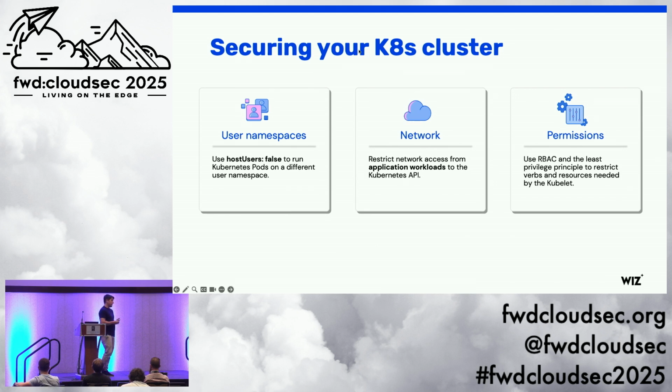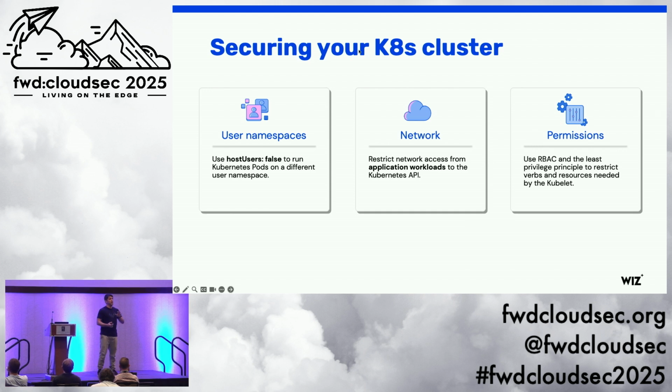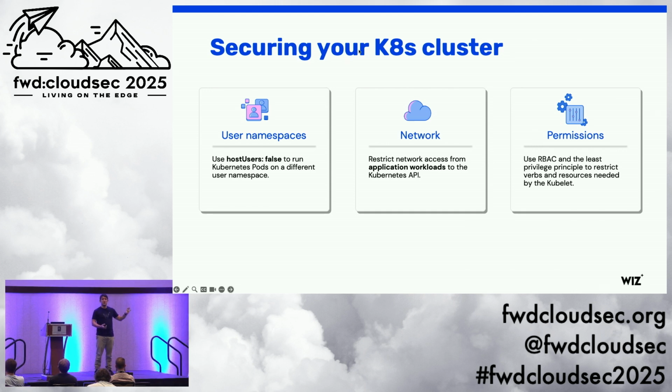Second, networking. As we saw in Azure Container Instances, it was impossible to reach the kube API from within the container. We believe that this is a network policy and a restriction that should be implemented in most services.